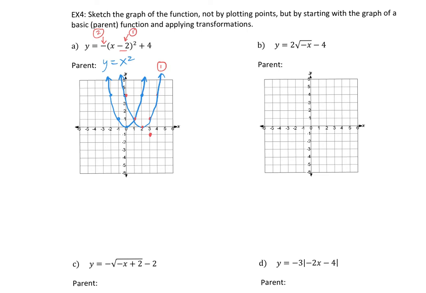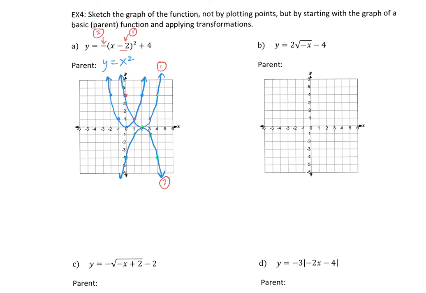I should probably do a different color. And then at the point 1, 1, that positive 1 y value will now be a -1. The positive 4 becomes a -4, and then this 4 becomes a -4. I think I got it. All right, so I have reflected the graph about the x-axis. That would be my second transformation.